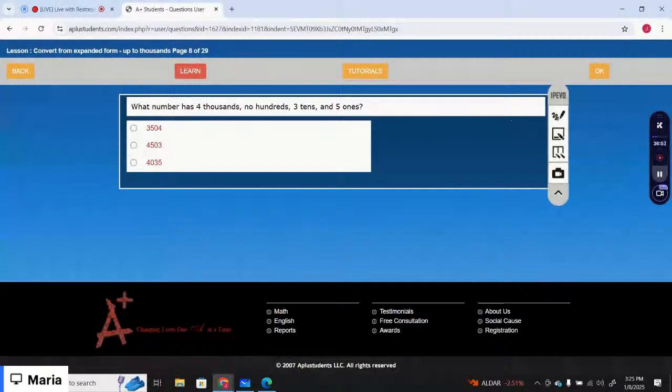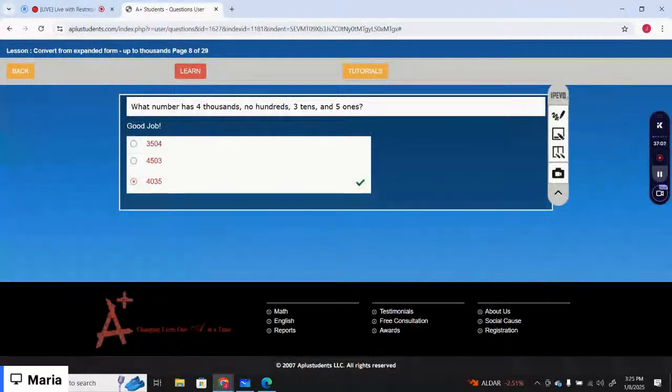The correct option is option number 3. That has 4,000s, no hundreds, 3 tens, and 5 ones.